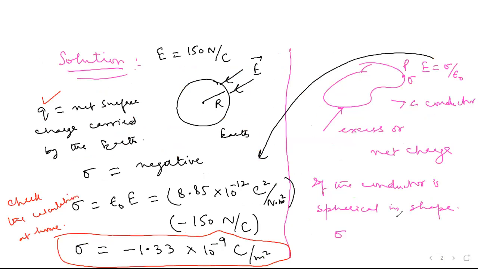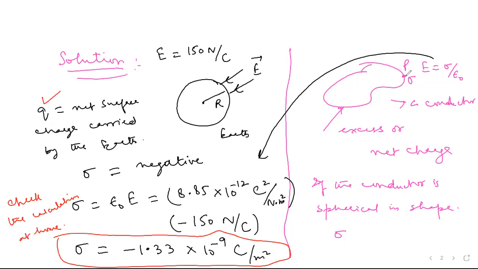Then we said if we have some conductor, it has some excess or net charge, positive or negative, that charge distributes over the surface of the conductor. If the conductor is spherical in shape, then charge is distributed uniformly over the surface. That means surface charge density sigma is constant throughout the surface for a spherical conductor. But if it is of some non-spherical shape, then sigma varies over the surface. For pointed regions, sigma is large. For flatter regions, sigma is small.